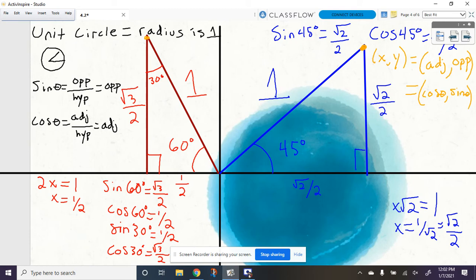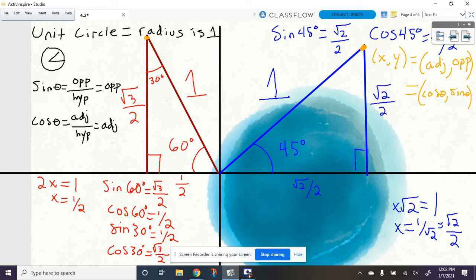So if we have a point anywhere on our unit circle, that's going to give us our sine and our cosine of the corresponding angle. So instead of having to write sine, cosine for every single angle, we're just going to put a point next to that angle, and that gives us our sine and cosine.